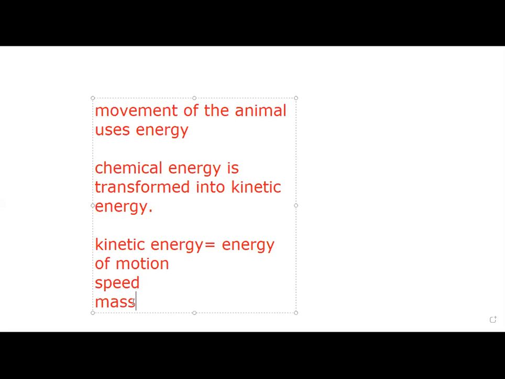Inshallah, later in grade 6, you will learn how to calculate kinetic energy. Kinetic energy can be calculated by using a specific equation. This equation involves the speed and the mass.